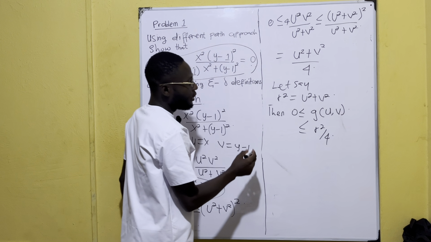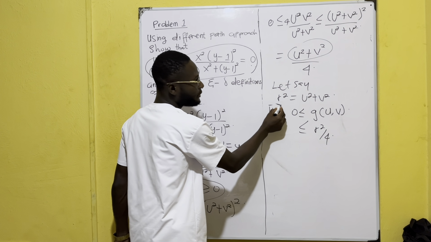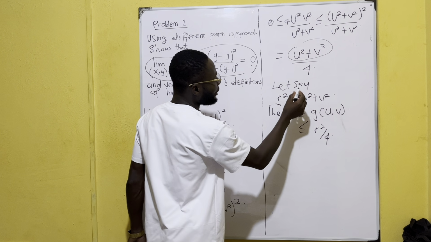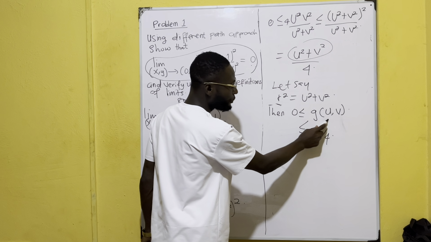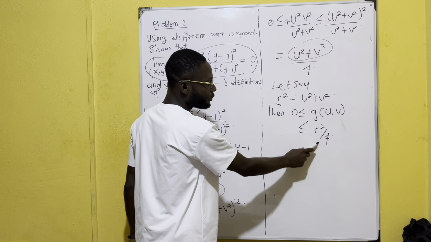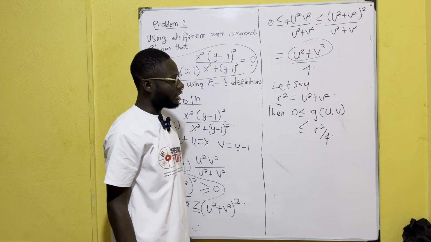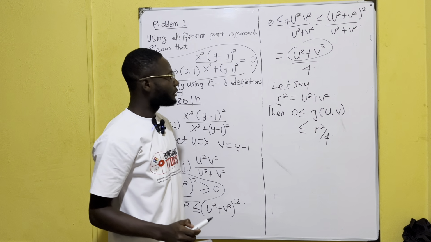So we represent this by r squared, and we are saying that 0 less or equal to j of u and v should be less or equal to r squared over 4 from here.